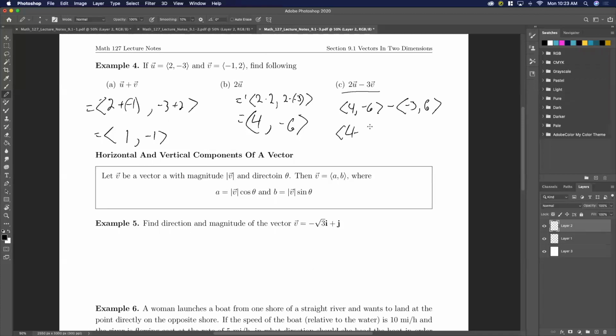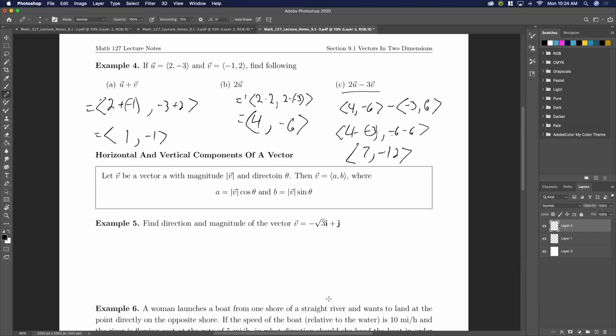So I'll have 4 minus a -3, and then I'll have -6 minus a positive 6. So what do I get here? I'll get 4 minus a minus is plus, so 4 plus 3 is 7. And then here, I'll have -6 minus 6, which is -12.